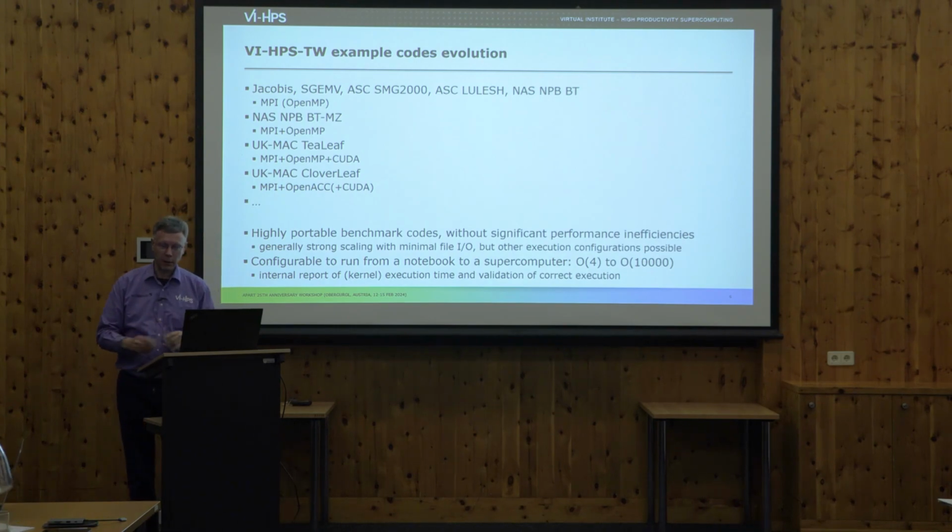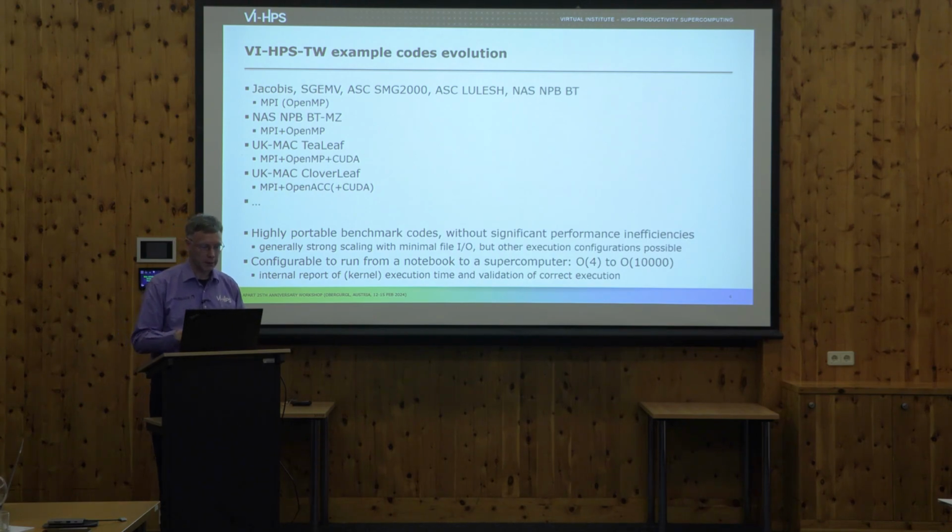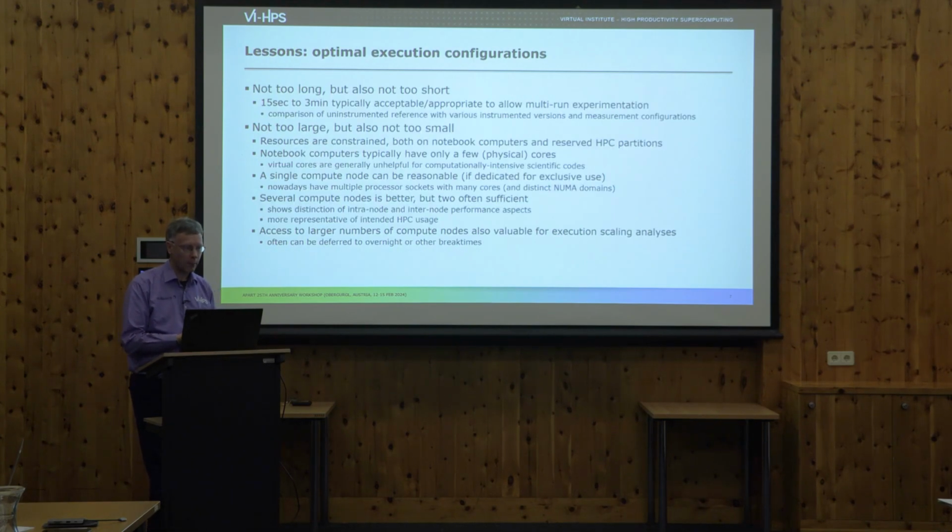It's never guaranteed that when you apply a tool, when you change things, that the correctness is guaranteed. So if the application itself can say, I'm still running correctly, that's a good confidence factor to have. And it's a good point to encourage in the application developers as well. So that's part of the evolution of the example codes.